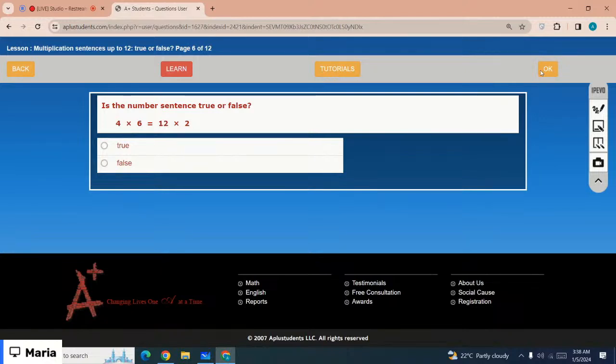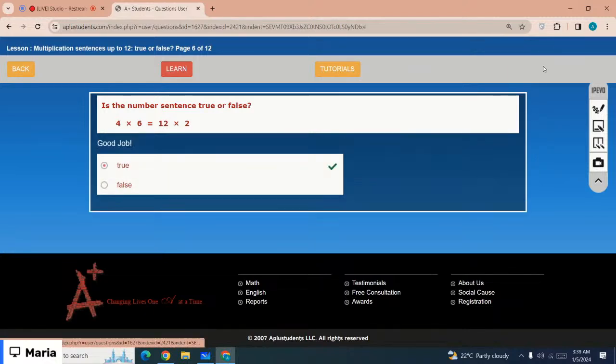Yes, it is true. The correct option is true. 4 times 6 is 24 and 2 times 12 is also 24.